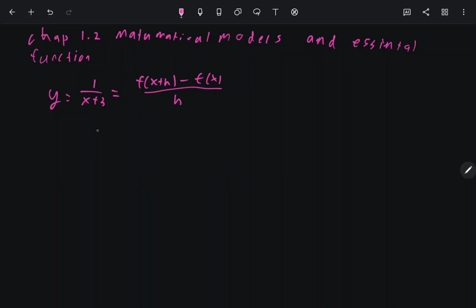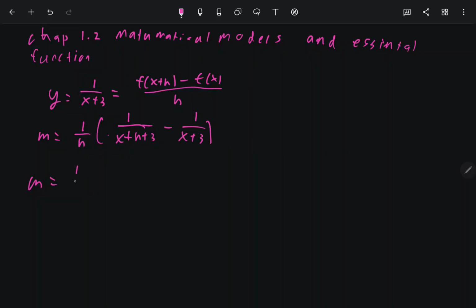So we are going to get, and I'm just going to pull out the 1 over h out front just to make life a bit easier. So this is going to be equal to 1 over h times 1 over x plus h plus 3 minus 1 over x plus 3. Now how are we going to evaluate this?